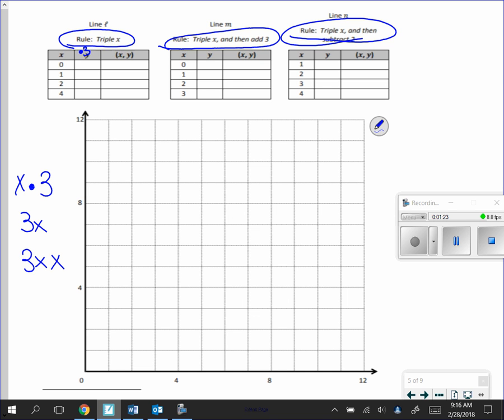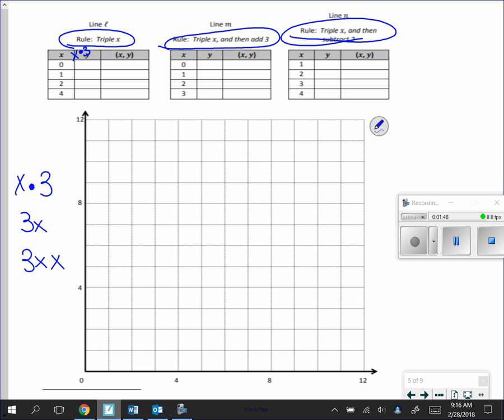So a dot also means multiply. A number right next to a letter also means multiply. This is something you'll run into in middle school. I'm just giving you a leg up. So that's why I put a dot. So x times 3, or 3x, whatever I have here, I'm going to multiply it by 3.